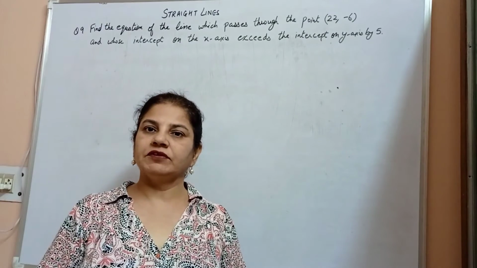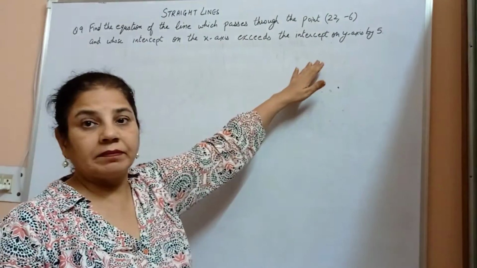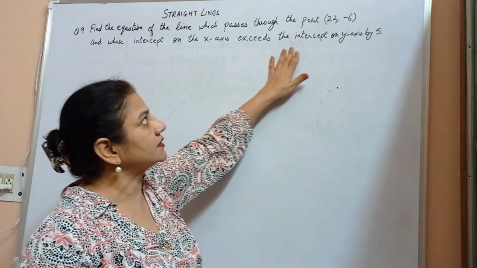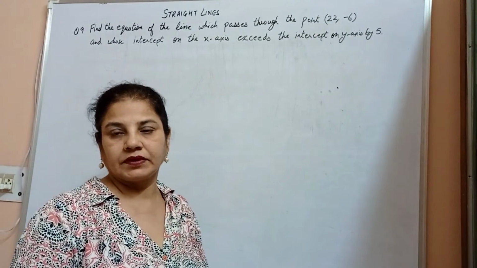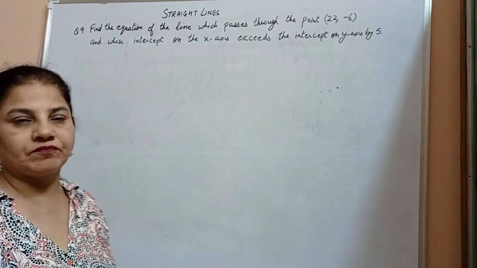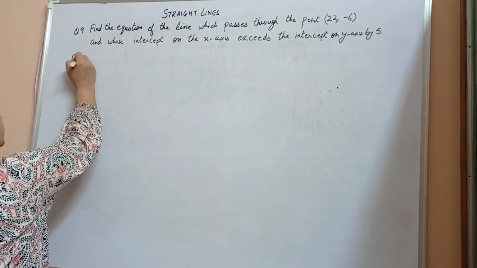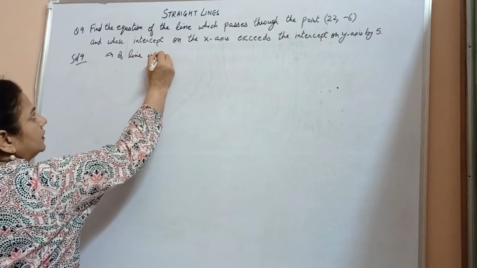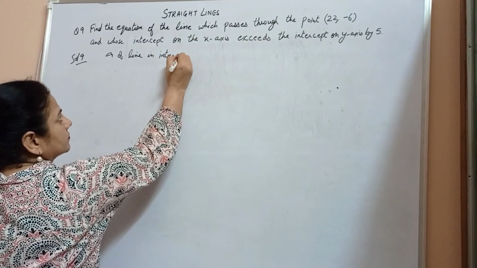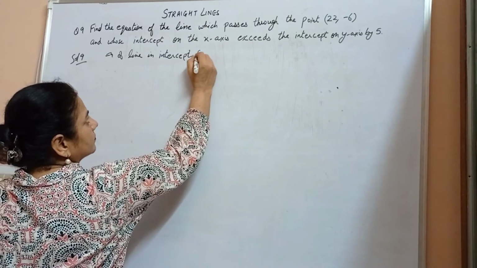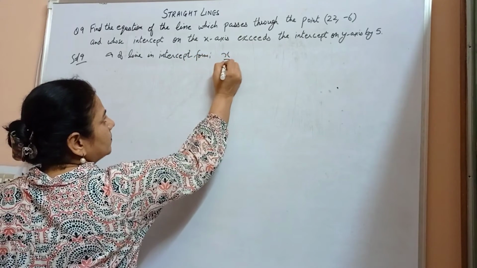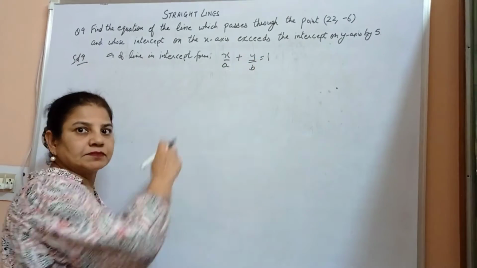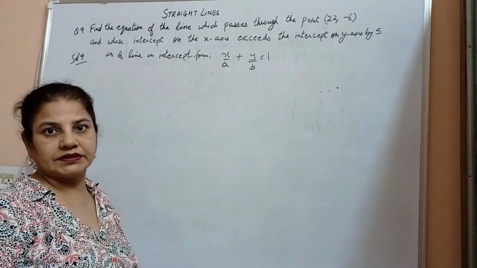Find the equation of a line which passes through the point 22, minus 6 whose intercept on the x-axis exceeds the intercept on the y-axis by 5. First of all, we write the equation in intercept form: x upon a plus y upon b is equal to 1, where a is the x intercept and b is the y intercept.